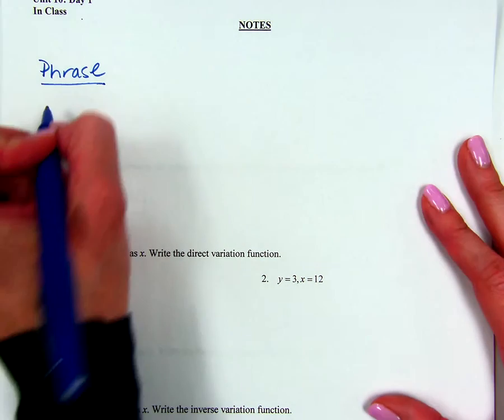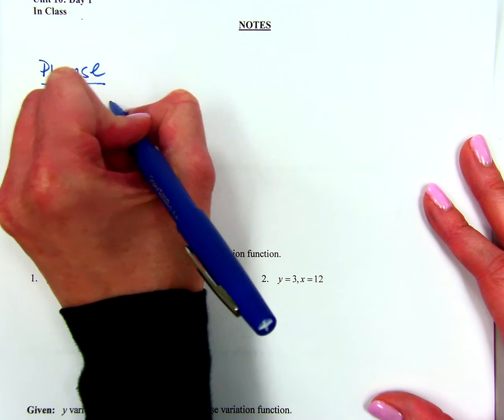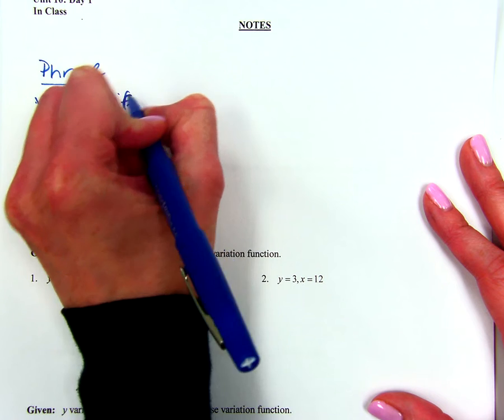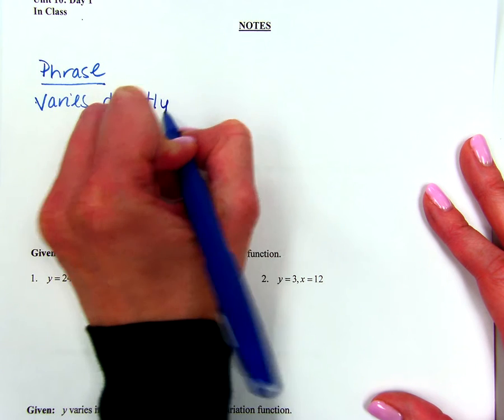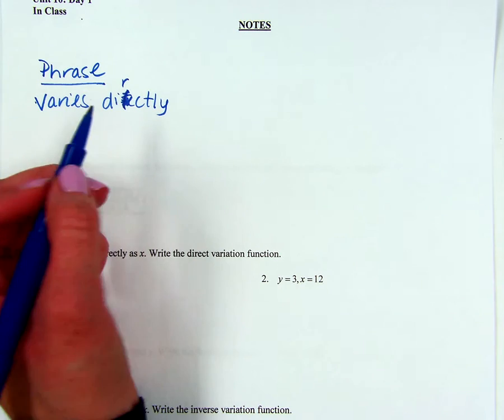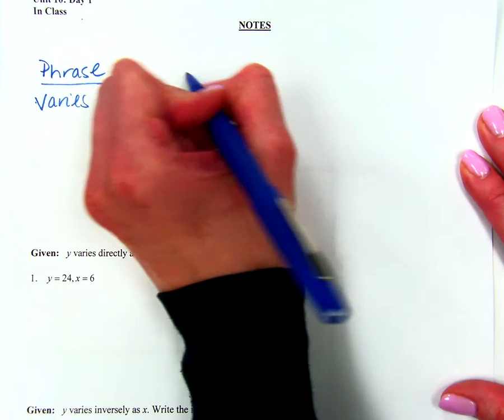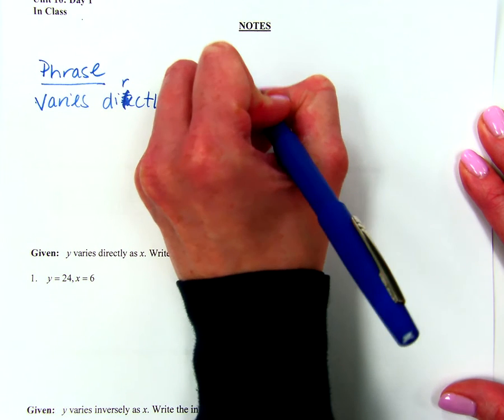So the first thing I'm going to give you guys is just the phrase. We're going to say that a function varies directly. You're going to get generic equations for each of these variations, so we're going to put those next.